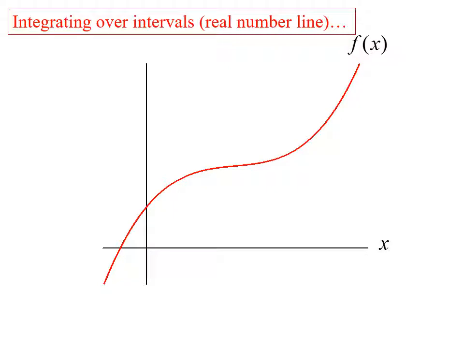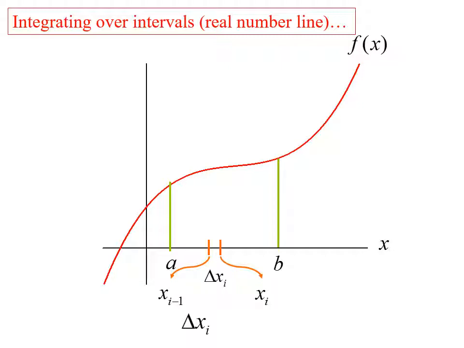Now here's a little reminder of how we developed the definition of the definite integral from Calculus 1. We had a function of x that we were wanting to look at over an interval from a to b. So we partitioned the interval and we took the width of each partition, referred to it as delta x.